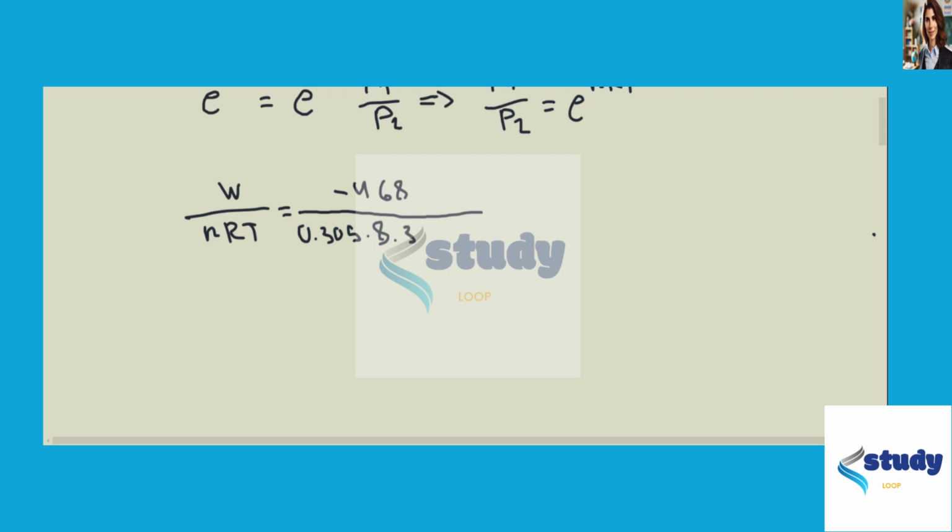This is for the gas constant, and for the temperature it is going to be times 295.15 kelvins. And this is going to be equal to minus 0.625. This is a dimensionless number.